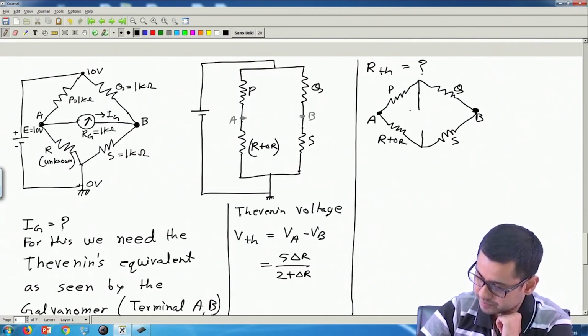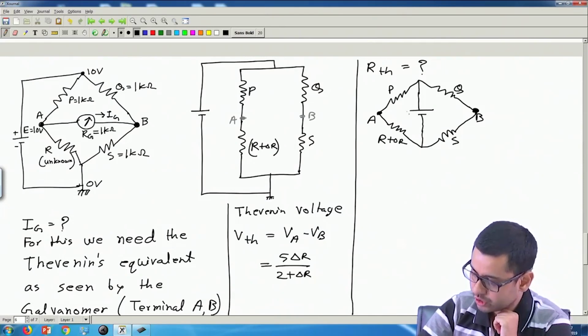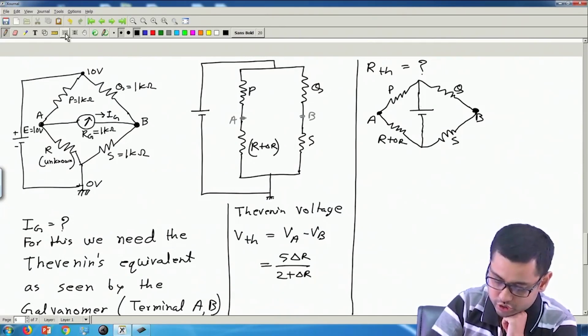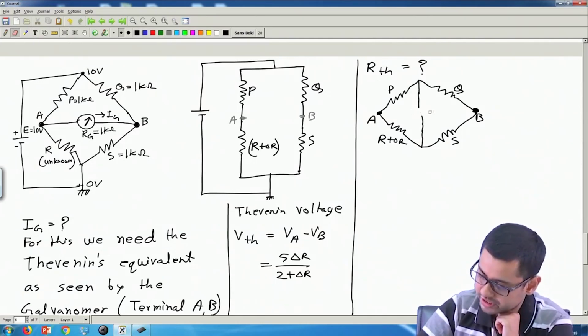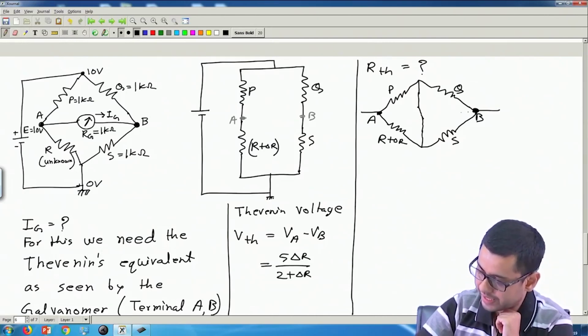The source is here. Okay. But while computing Thevenin resistance, we should short circuit the source. So, therefore, let us short circuit the source. So, this is the equivalent circuit as seen from terminal A and B.